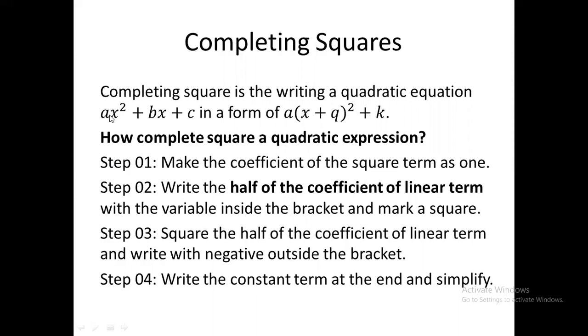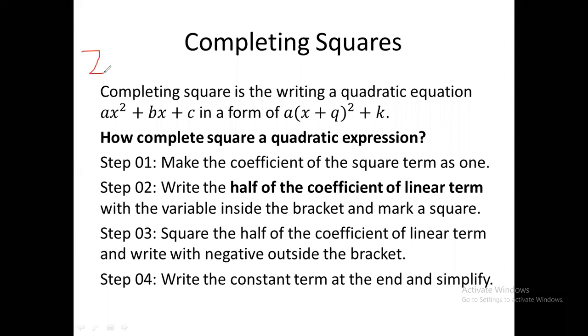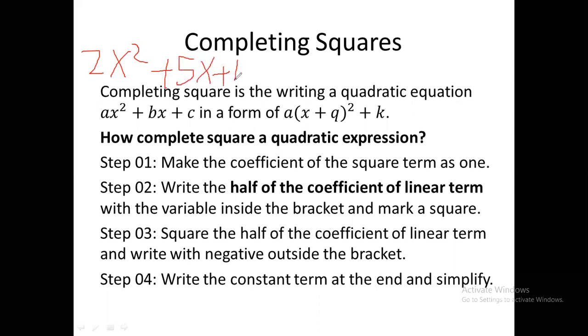If it is 1, for example x squared plus 3x plus 4, like the steps here, nothing to worry about. But if it is 2x squared plus 5x plus 1 or something, you can see this coefficient is not 1, so we want to make it 1.